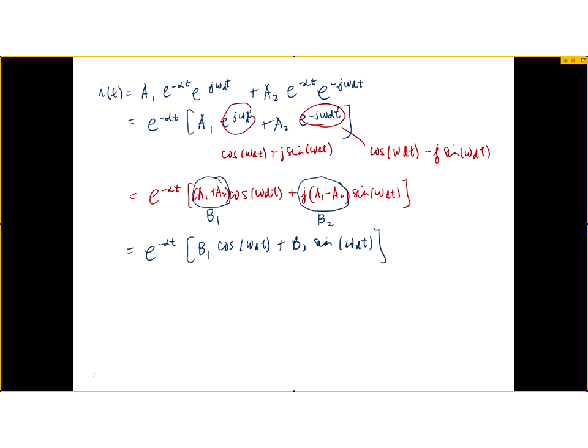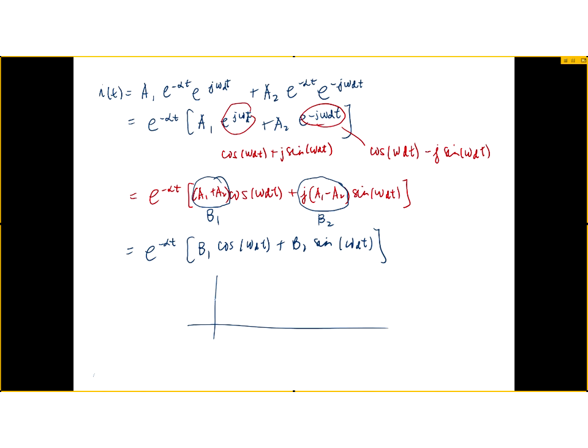Okay? So, what is this? The sum of two sinusoids is just another sinusoid. Yes? With the same frequency, they have the same frequency, but the amplitude will be different and has a phase shift. And then, what is e to the negative alpha? It's just decay.